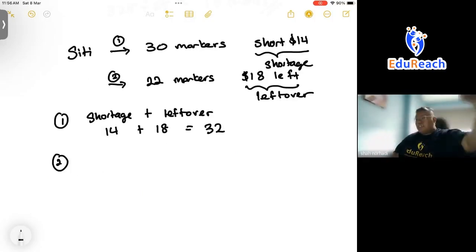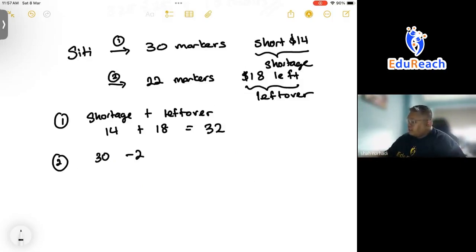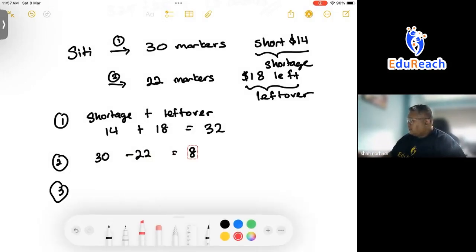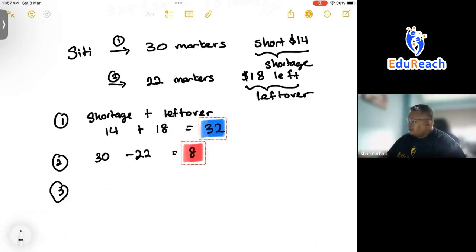At first it is 30, then after that it is 22. So you take 30 minus 22, which is 8 markers. Now the third step will be the easy part. You just take the answer from the first step, divide by the answer from the second step. So you take 32, divide by.